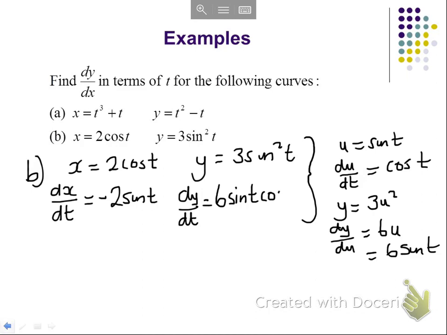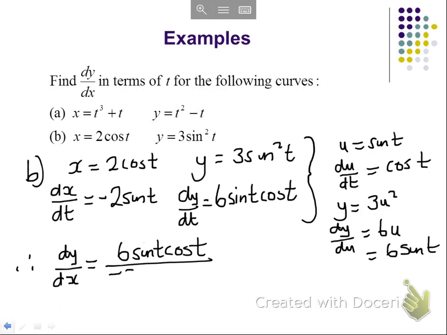Therefore, dy by dt is 6 sine t cos t. So using the chain rule, dy by dx is 6 sine t cos t divided by minus 2 sine t, which will give us dy by dx equal to minus 3 cos t.